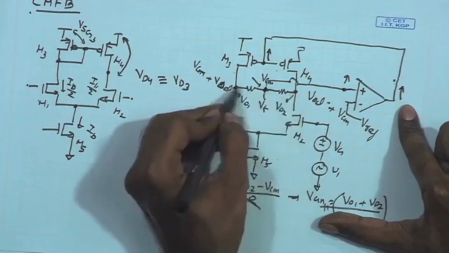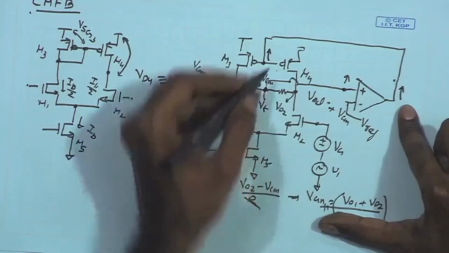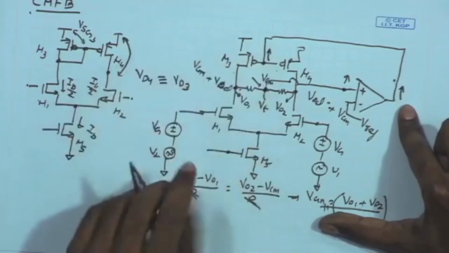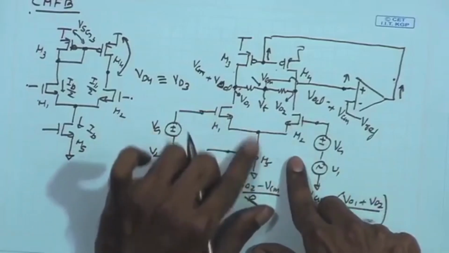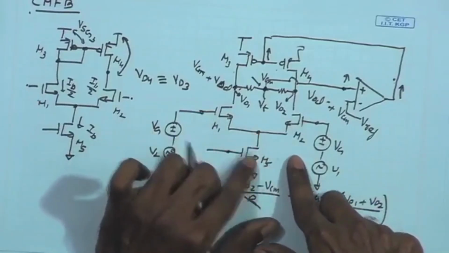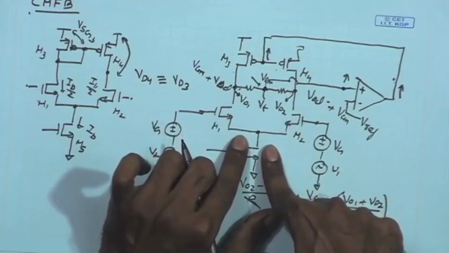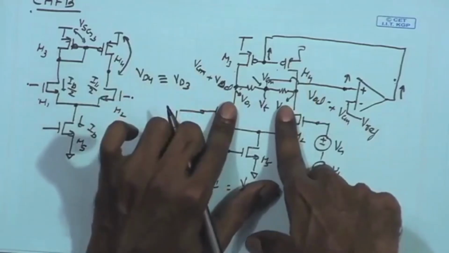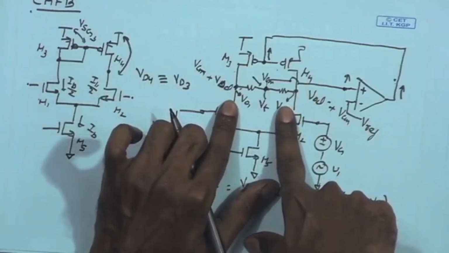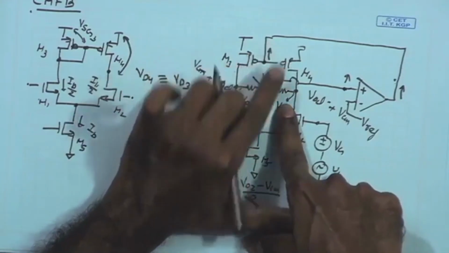So, what should happen to the output DC voltages over here? If the gate voltage of these two MOSFETs go up, remember that the DC bias point provided by M5 is fixed, the DC current flowing through M1 and M2, therefore, they are same as I bias by 2, and therefore, the DC current flowing through M3 and M4, they are also same as I bias by 2, and now you are increasing the gate voltage of M3 and M4.